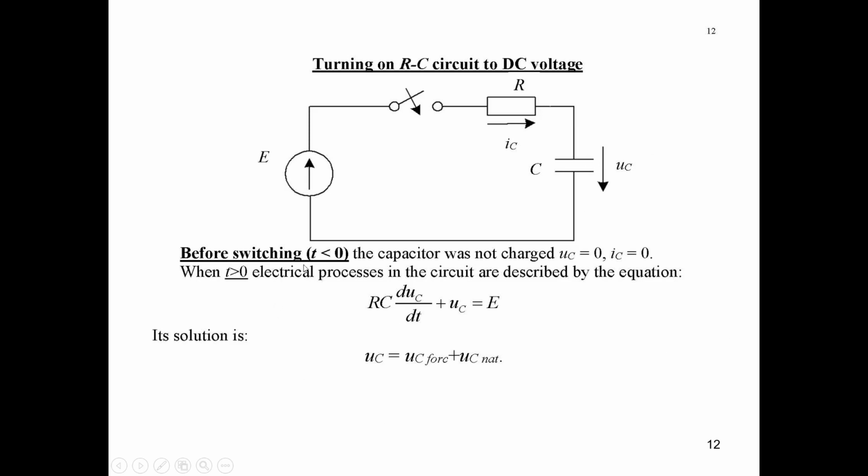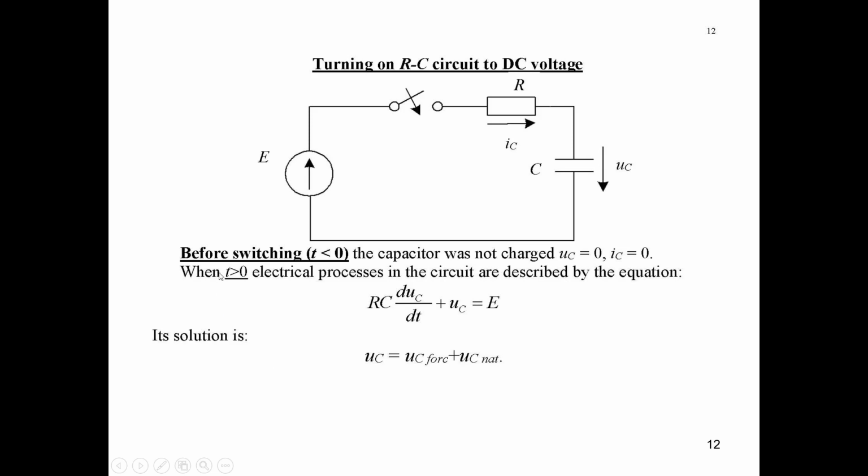So before switching, at t less than 0, this capacitor was not charged and was disconnected. There was no closed path, so you see i was equal to 0 and iC(0) was equal to 0. So the condition uC(0-) equal to 0 should be fulfilled.